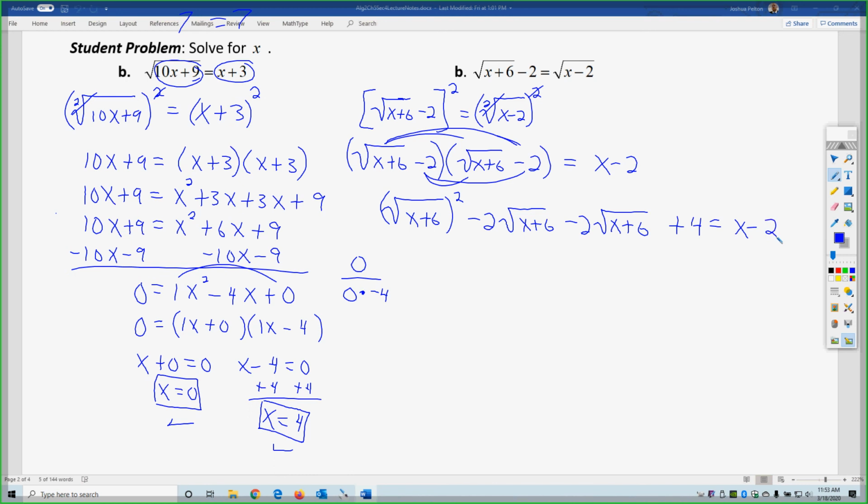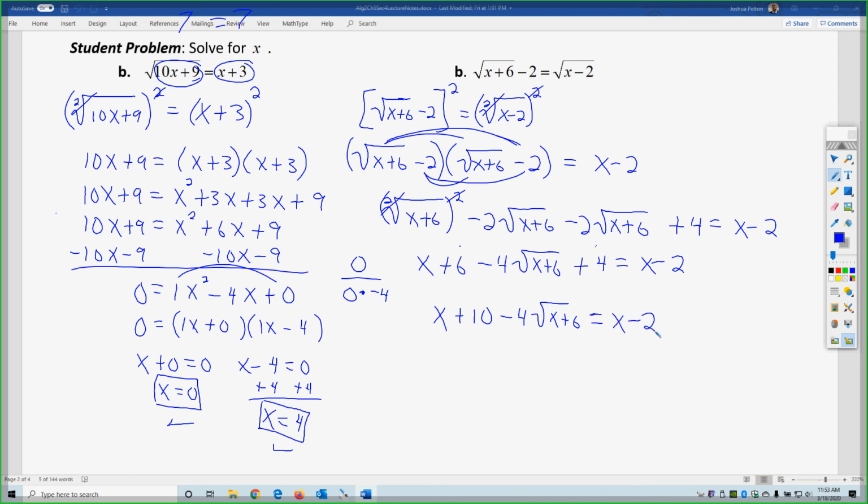Okay, so we'll simplify further. So we have a cancellation here for x plus 6, minus 4 root x plus 6, plus 4 equals x minus 2. We can combine further, so we get x plus 10 minus 4 root x plus 6. So we can combine the 6 and the 4 there on the left-hand side.